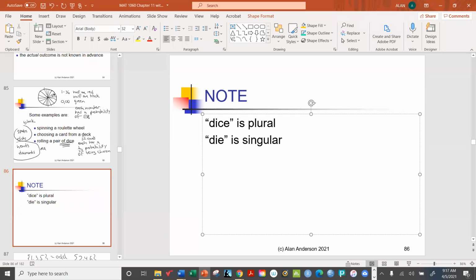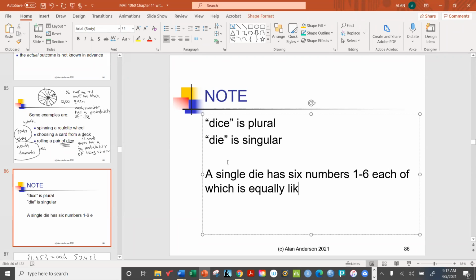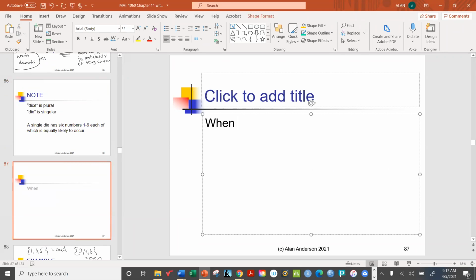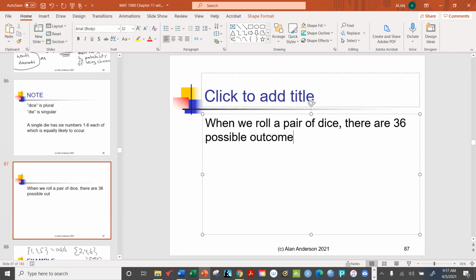So everybody knows how dice work. A single die has 6 numbers, 1 through 6, each of which is equally likely to occur. When we roll a pair of dice, and we don't necessarily want to go through all of this right now, there are 36 possible outcomes. That's because there are 6 outcomes from each individual die.